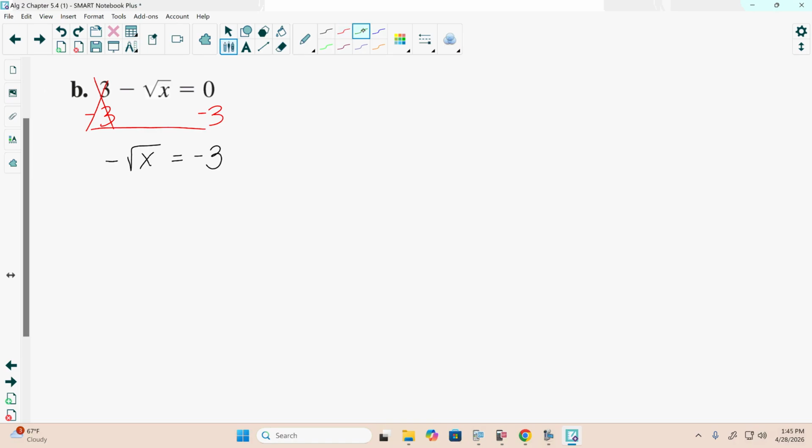Is the radical by itself? No, so what do we need to do? Divide by negative 1. Because negative square root of x divided by negative 1 would be positive square root of x. Negative 3 divided by negative 1 is 3. Now is the radical by itself?